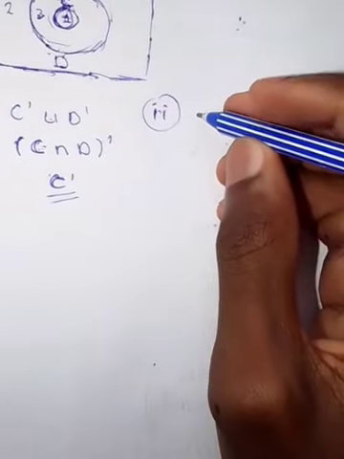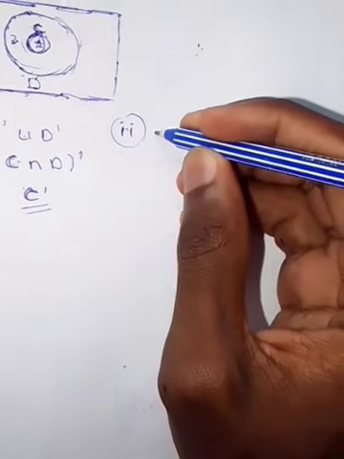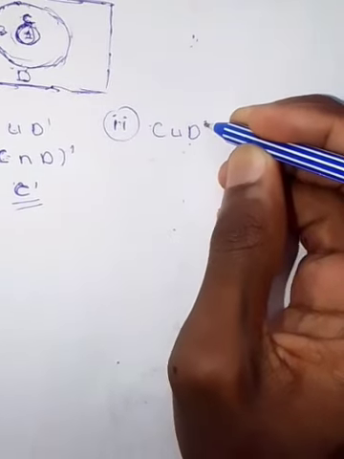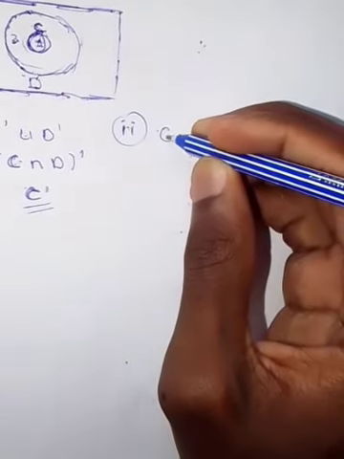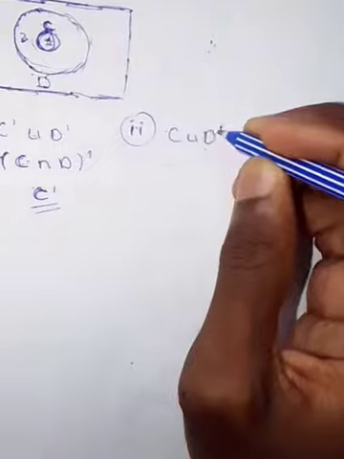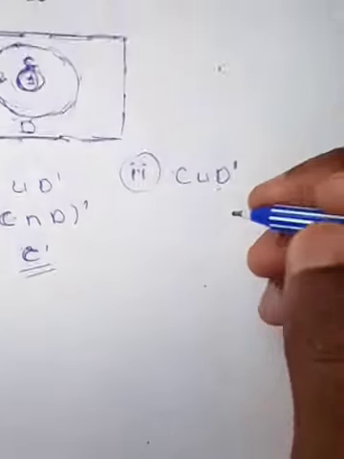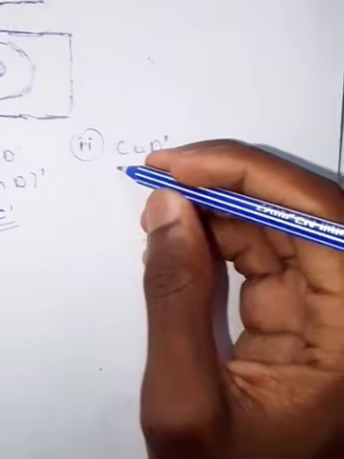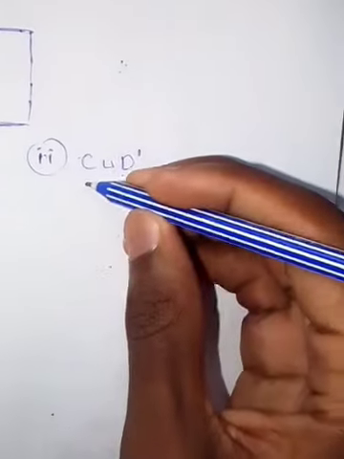So now let's go to 3. They're saying that we need to leave this in simplest form, C union the complement of D. So the simplest form in which you can leave this one is to simply leave it like this.